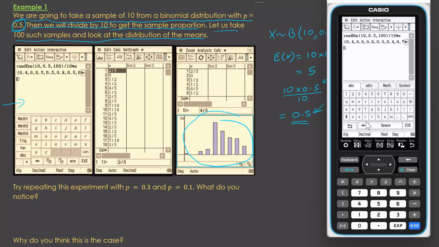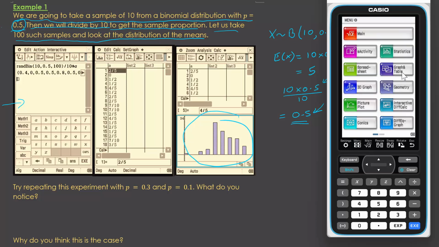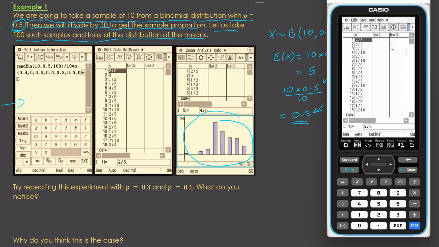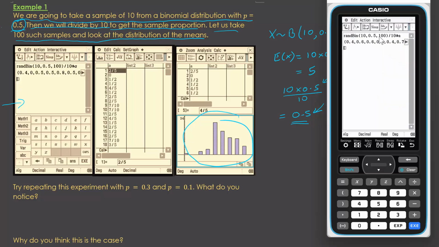And then we'll go, as we've done before, to the statistics. And it looks like we've got that sample already input into here. So here's A. Just to check that that has worked correctly, I'm going to go back to main and reproduce that.